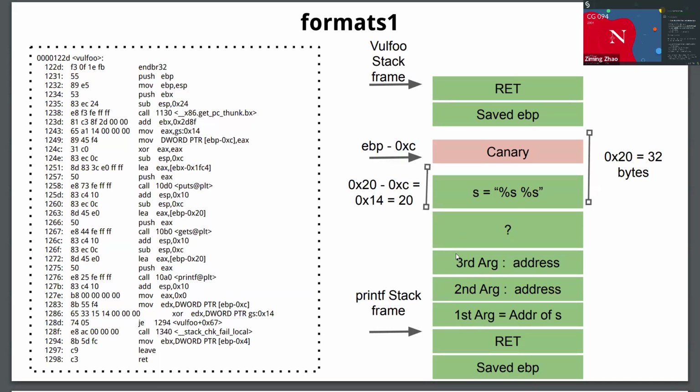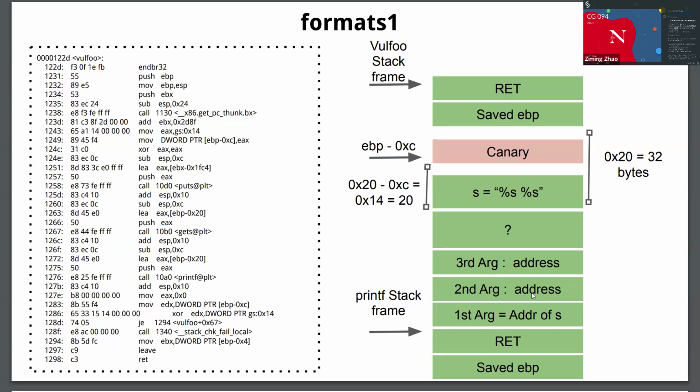If we put %s there, instead of treating the second and third arguments as integers, we are treating each of them as an address, a pointer. And we are going to dereference that pointer and print out the string at that address.